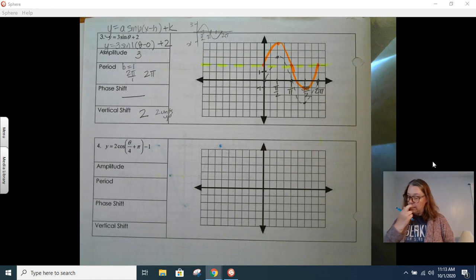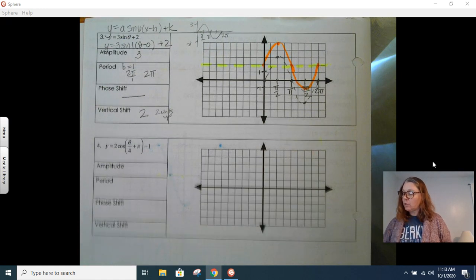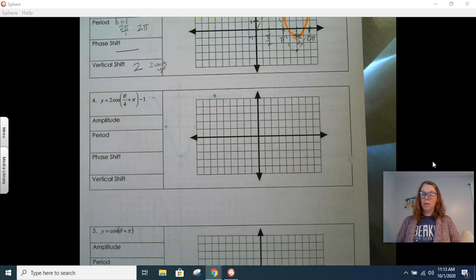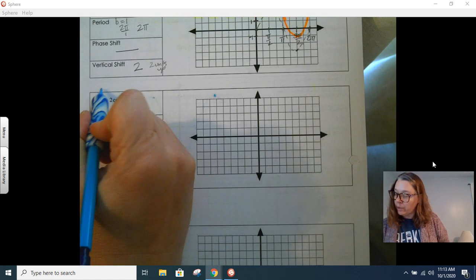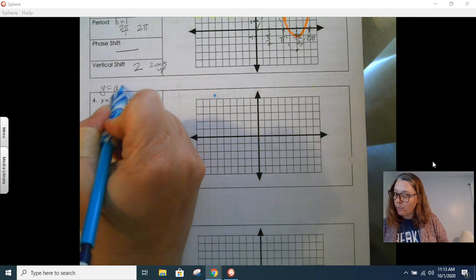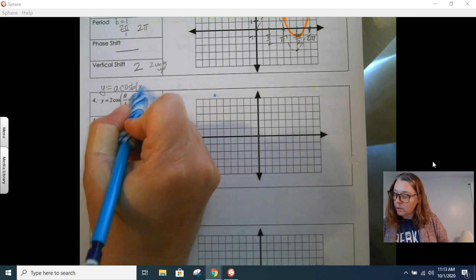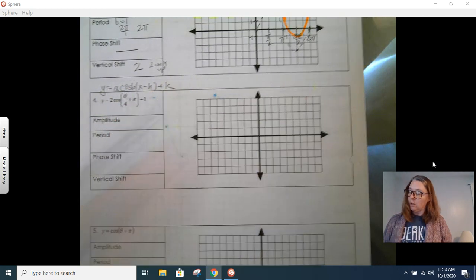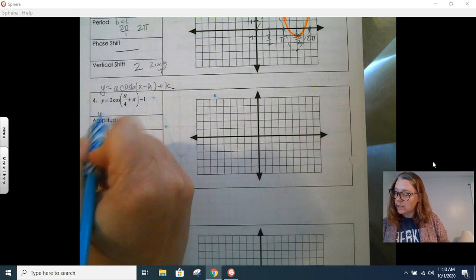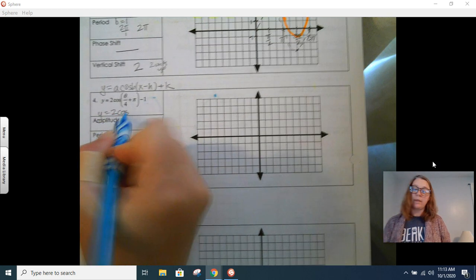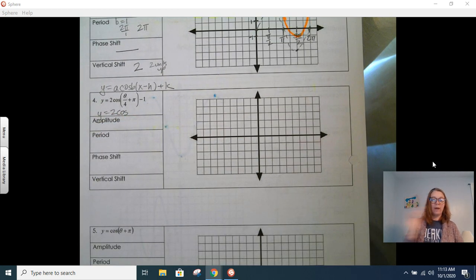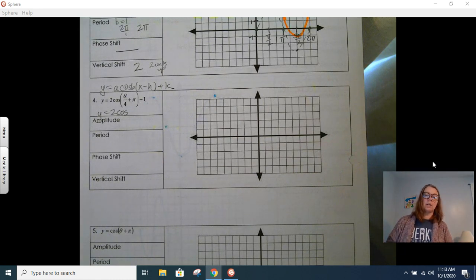Okay, so let's take a look at this next one. Again, I'm going to think about, all right, is it in the correct form? So I've got this 2, that's going to be my amplitude, but I noticed that theta over 4, that divided by 4 is in the parentheses, so I don't know my b value, and it's going to mess up my h value.